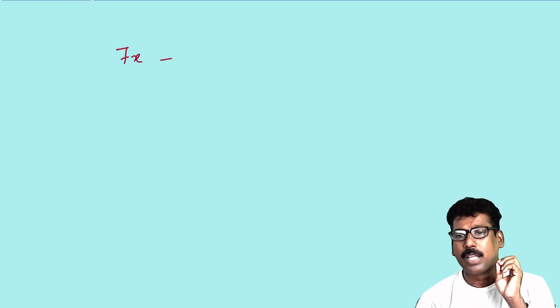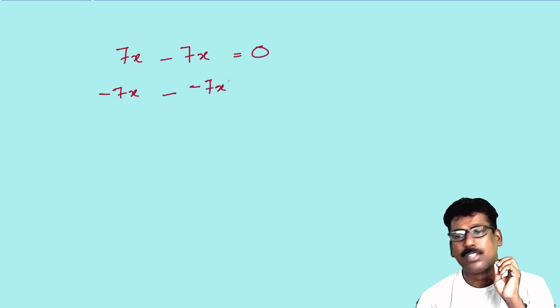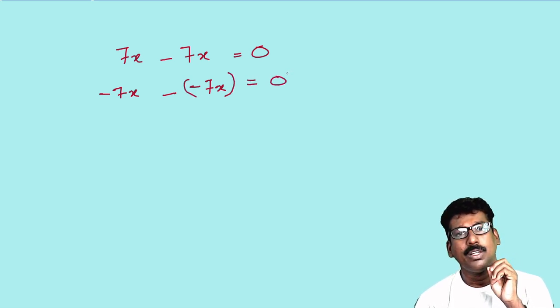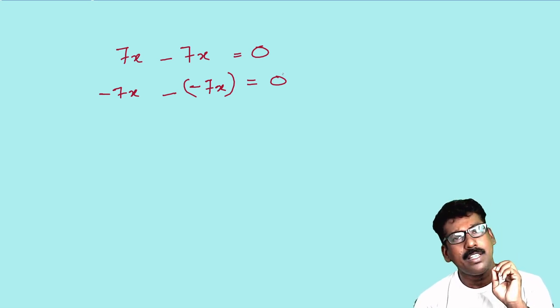Now let me take a term 7x. If you subtract 7x from 7x, you will get 0. And if I take negative 7x and I am subtracting negative 7x from negative 7x, what will be the answer? Equal to 0. That means same terms, if you subtract, you will get 0.